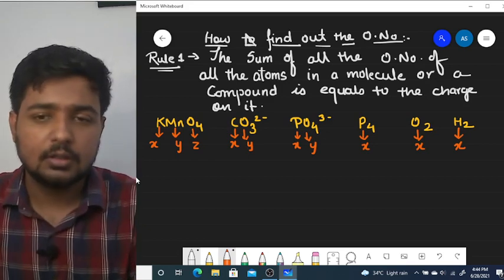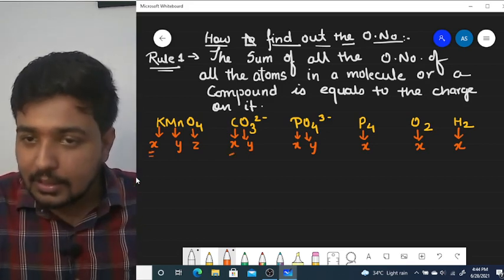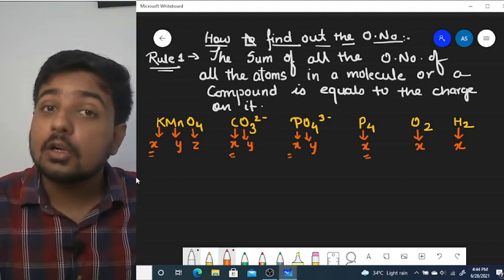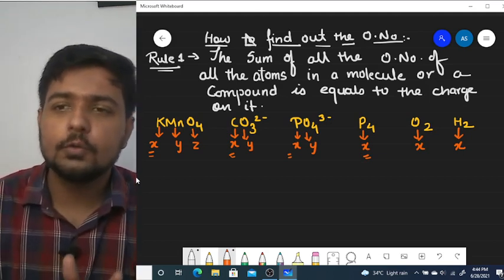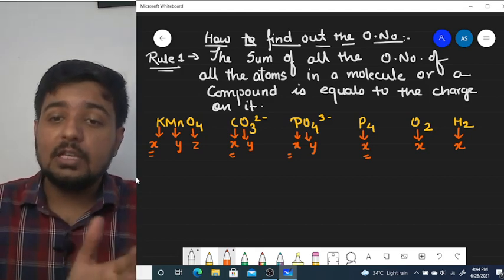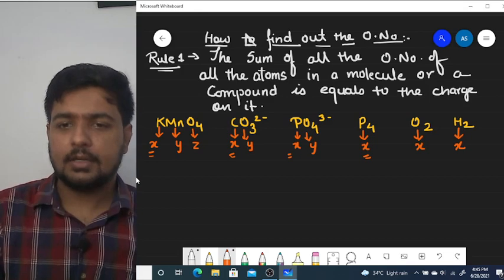One thing you must remember is that this X and this X and this X are not equal. They are different. Most of you may think that these X are equal, but that is not correct.